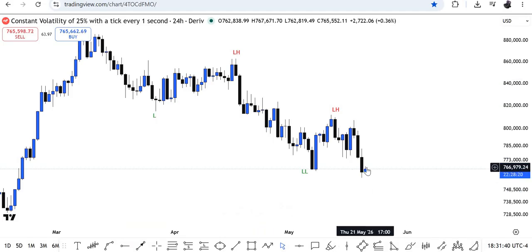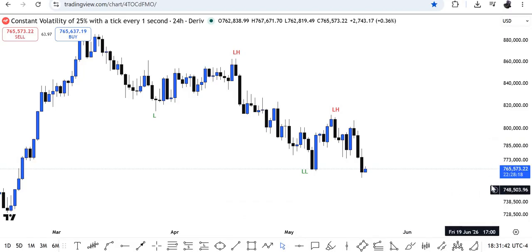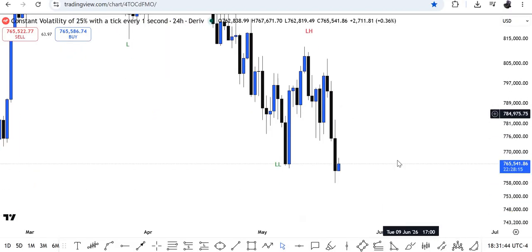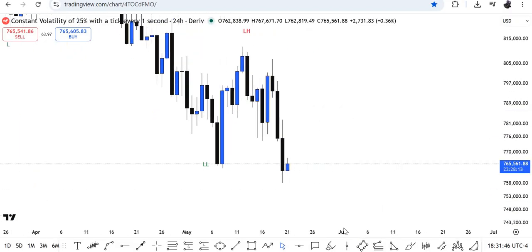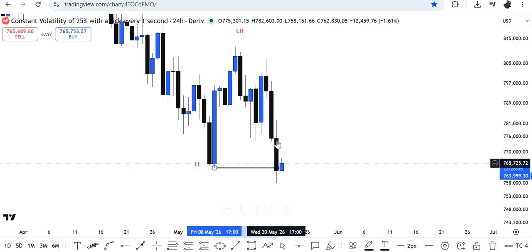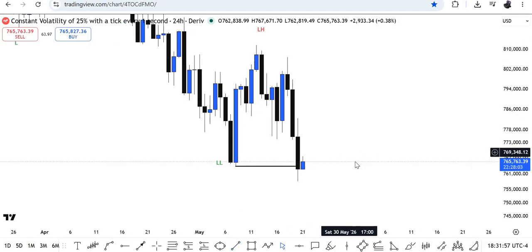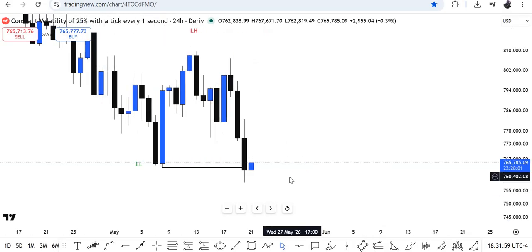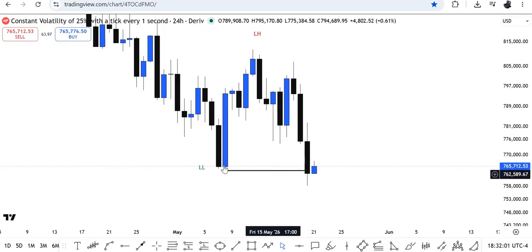So how do we know that the daily time frame is in a bearish trend? Let's look at the most recent break that occurred down here. So this lower low is broken by this black bearish candle. If you notice, that candle broke and closed below this point right here.